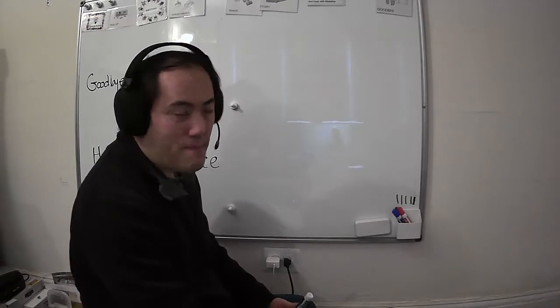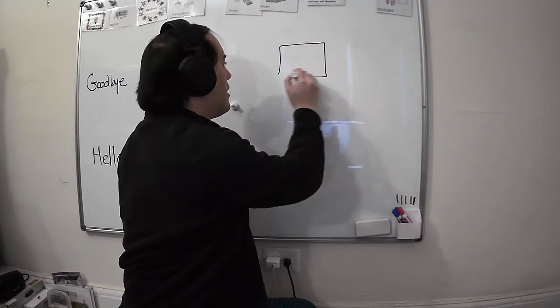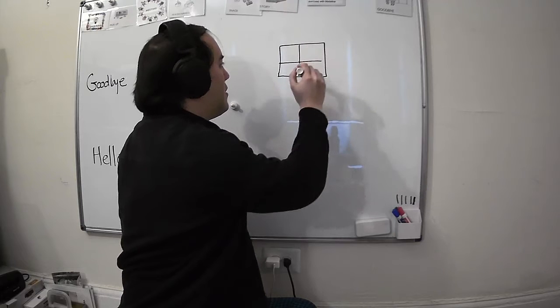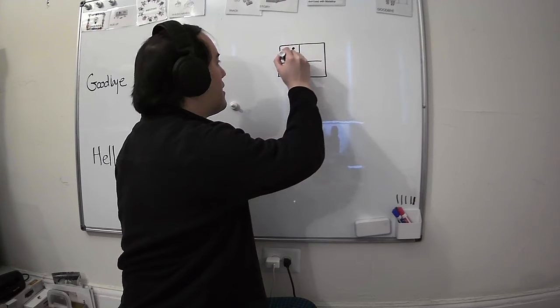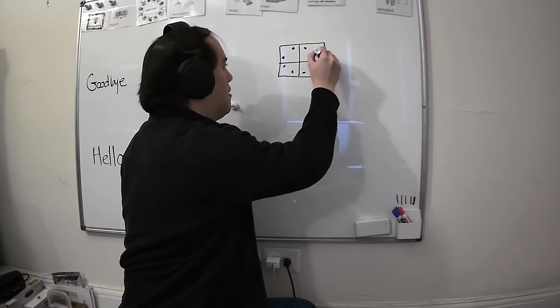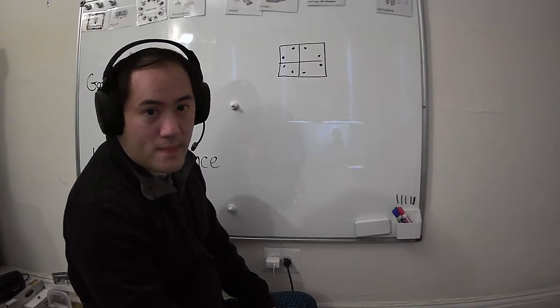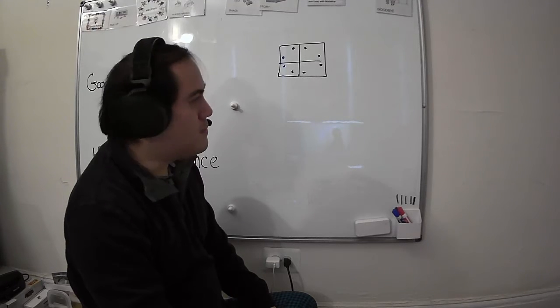Okay, so back to my amazing analogy. Let's say I have a super crowded train car. There's 4 seats, and again, there's 8 people. 4 people sitting, 4 people standing. It's a pretty packed train.